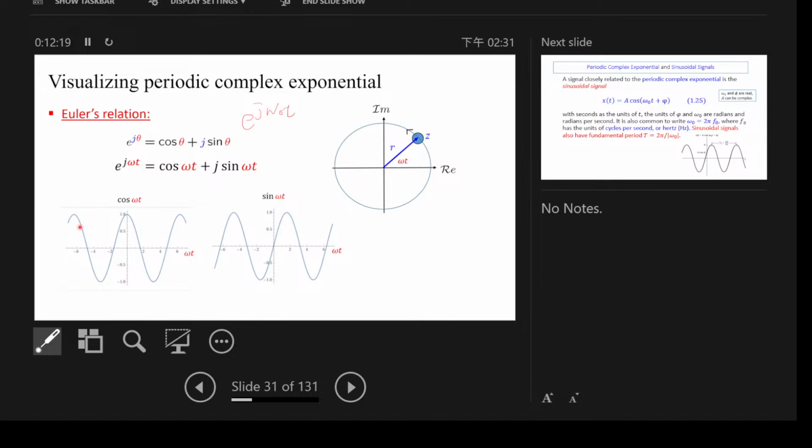The real part will be cosine omega t, as we know from Euler's relationship, and the imaginary part will be j sine omega t. Both cosine omega t and sine omega t have a fundamental period of 2 pi. This is why e to the j omega t walks on this circle and has a period of 2 pi divided by omega 0.